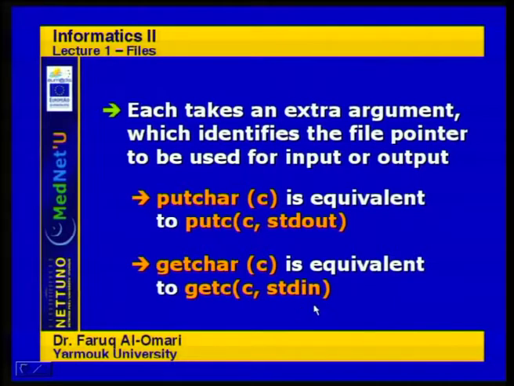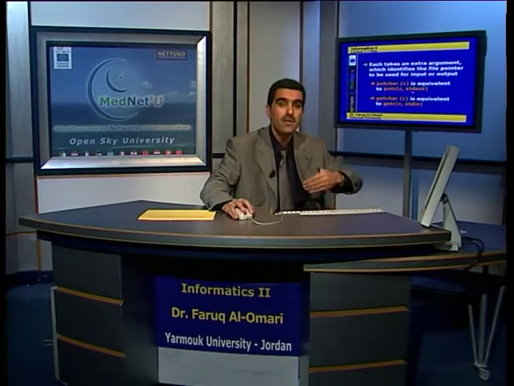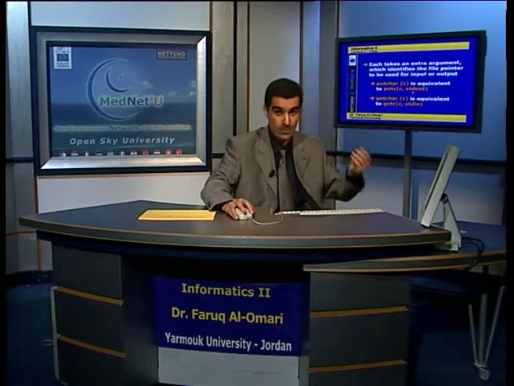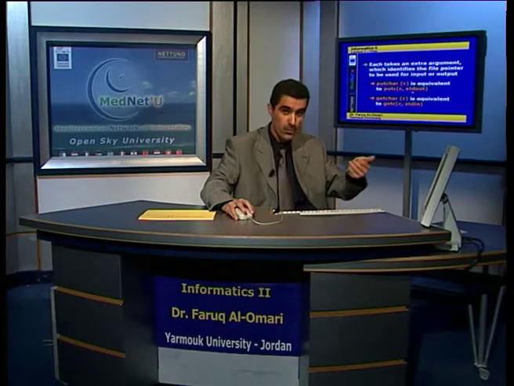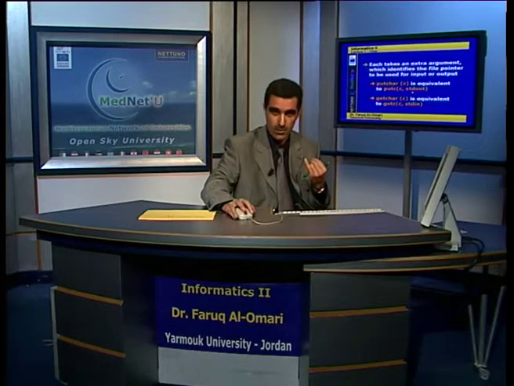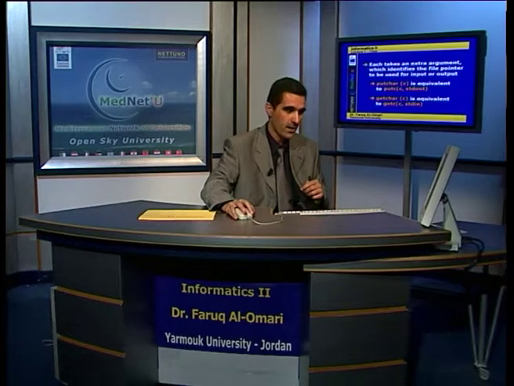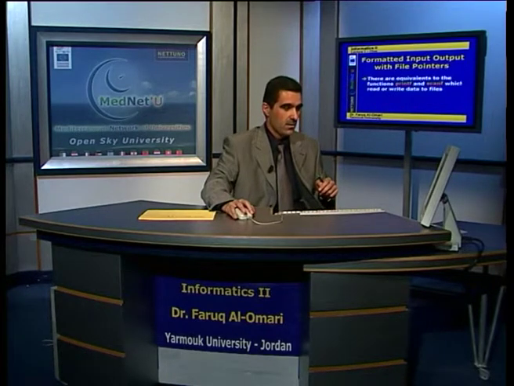And the standard input is the keyboard in this case. Okay? That's the standard input and standard output. Getting characters from the keyboard, putting characters to the screen. Do I want to do that always? No. What we're talking about is getting characters from the file that we have already opened, or putting a character to that file which we opened for writing.